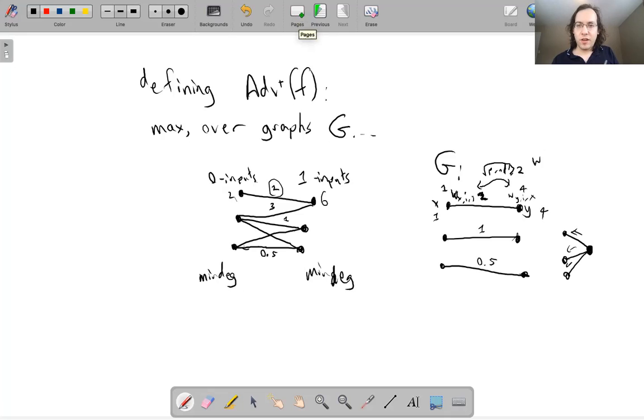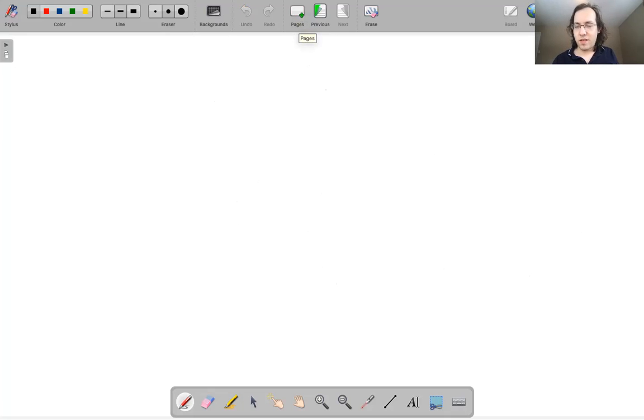But there's actually another way, a couple other ways to define it. There's this spectral form.